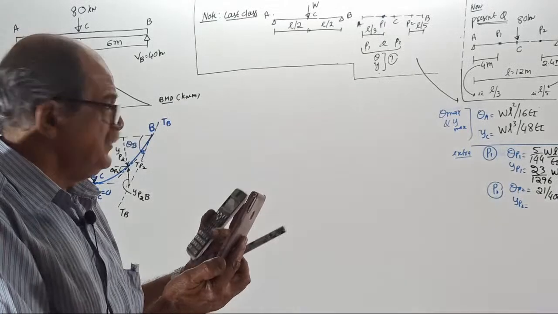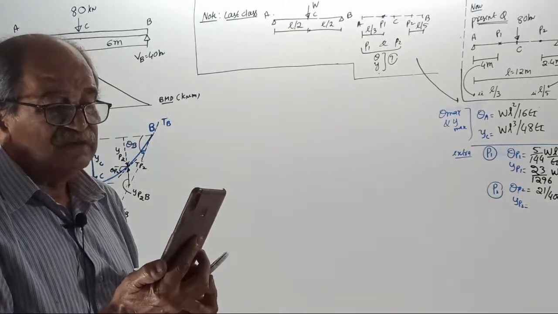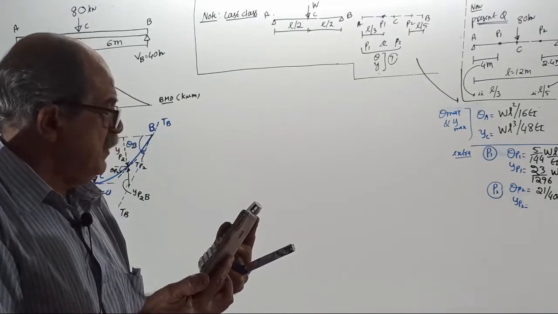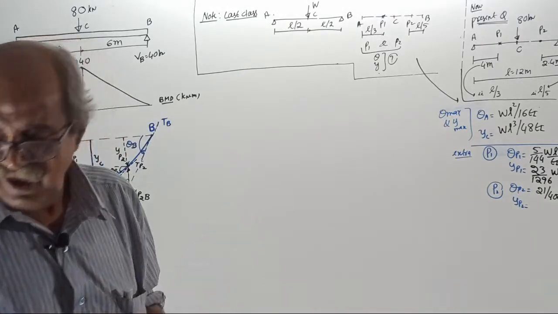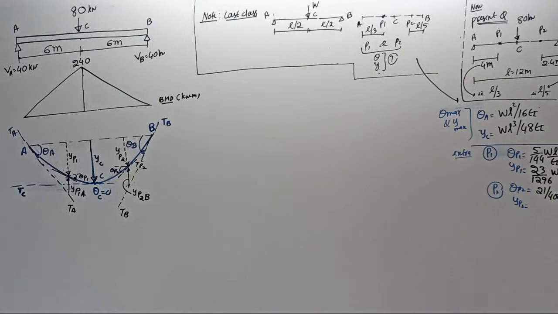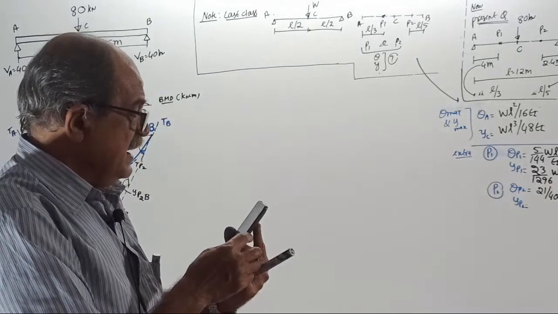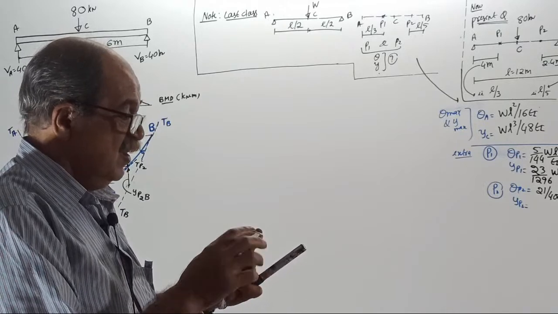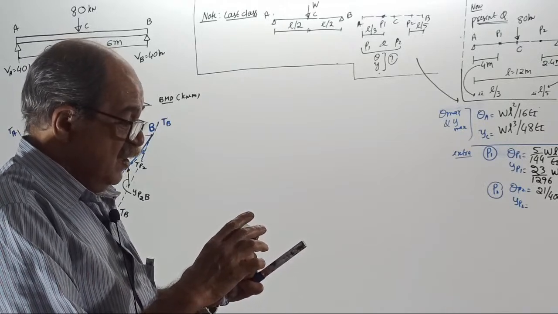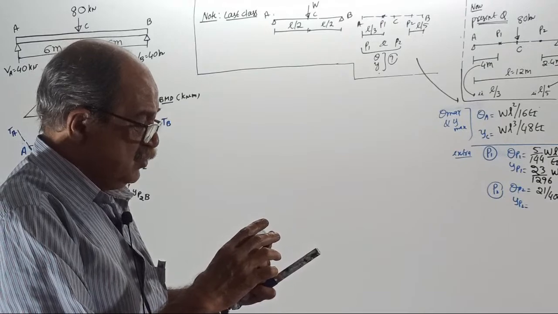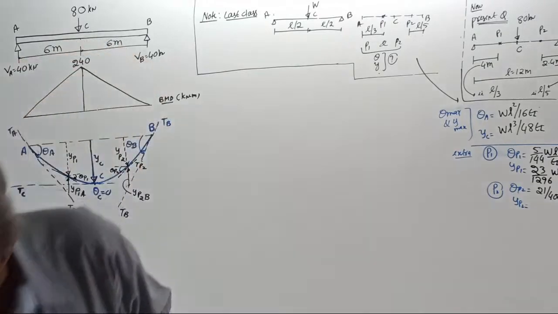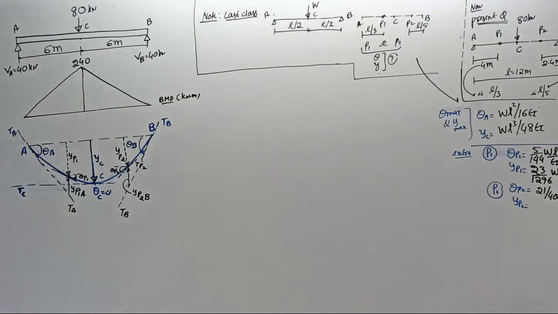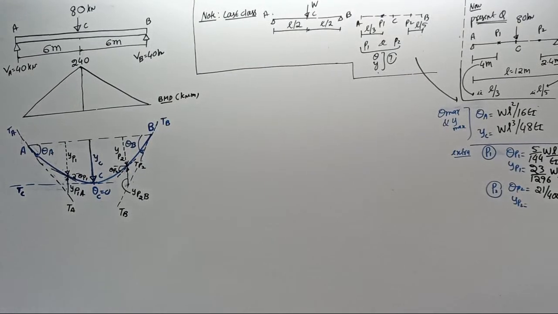WL cube you need not see. The numbers are more important: 5 by 144, 23 by 1296. Not visible? Why not visible? One minute, I'll slightly reduce the camera.